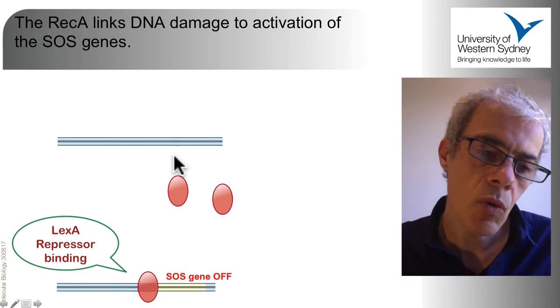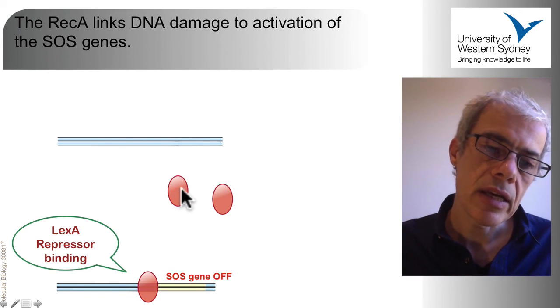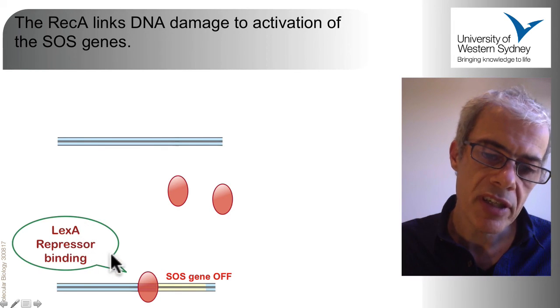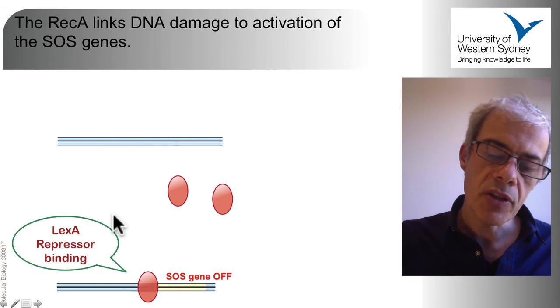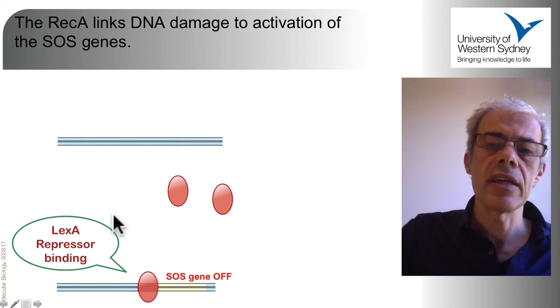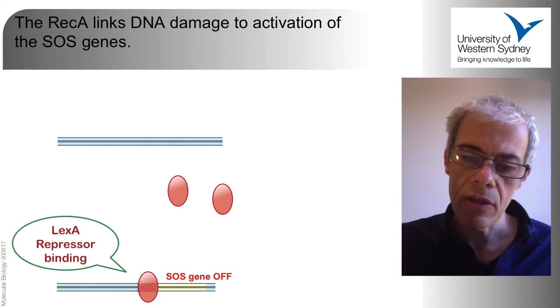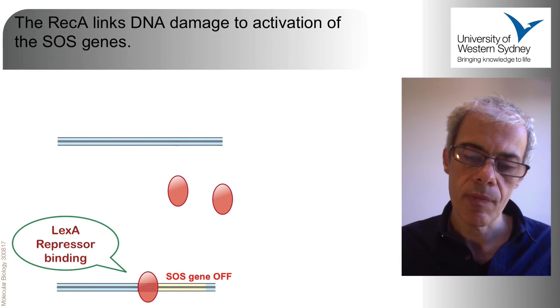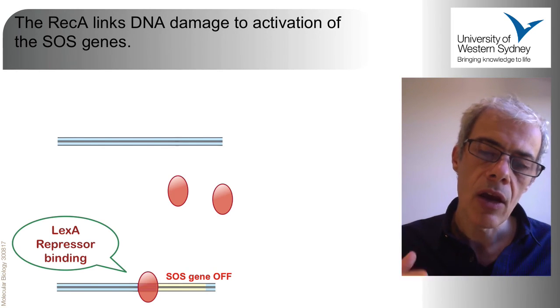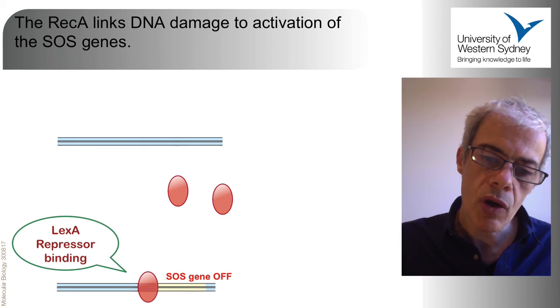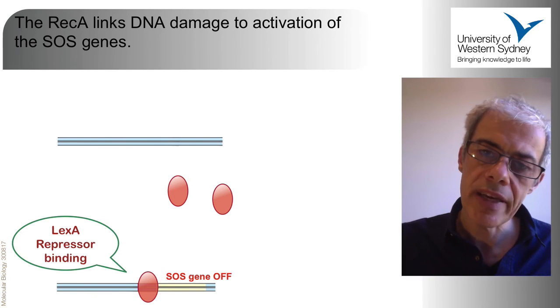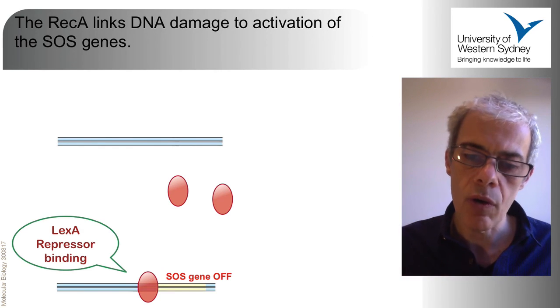This system works because the LexA repressor is continually binding to its binding site and leaving, and binding and leaving, and there are enough copies of this repressor to continually keep the genes off. So you've got this cycling of repressor binding on and off the promoter, but effectively keeping the promoter in the off state.